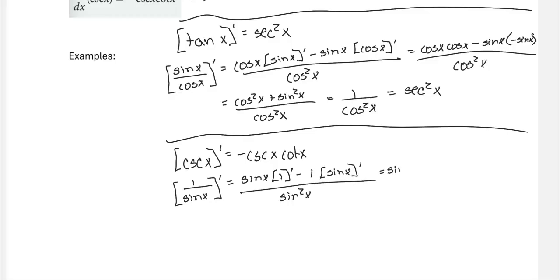Now I'm going to take derivatives. The derivative of 1 is 0. The sine derivative is cosine over sine squared. That's 0. So my numerator is just negative cosine over sine squared.